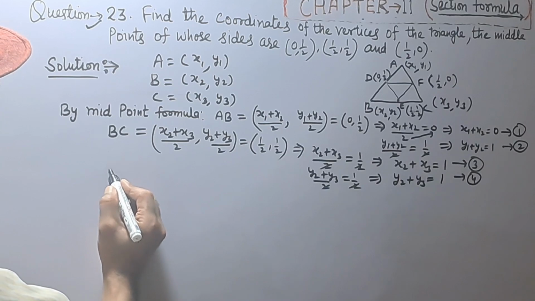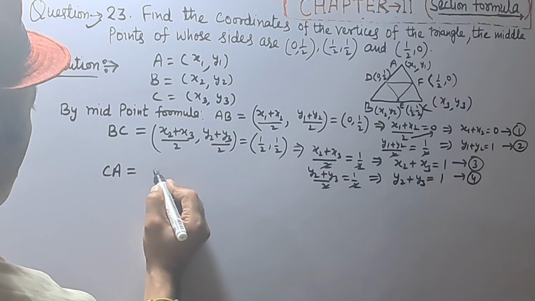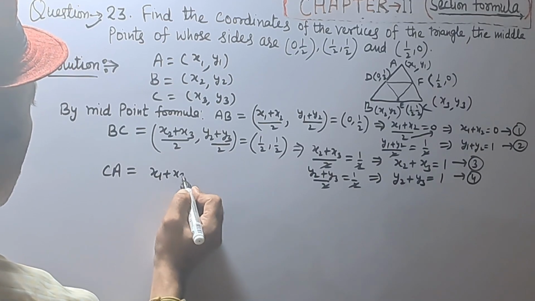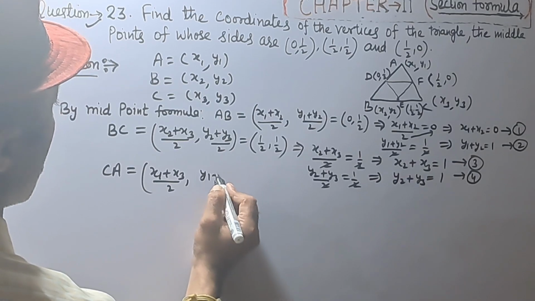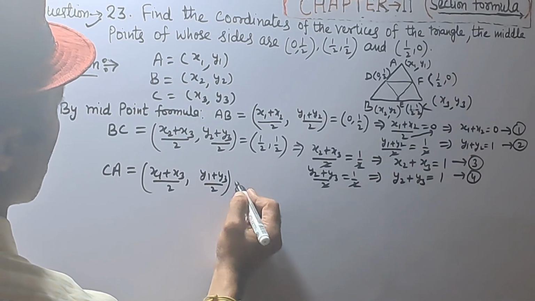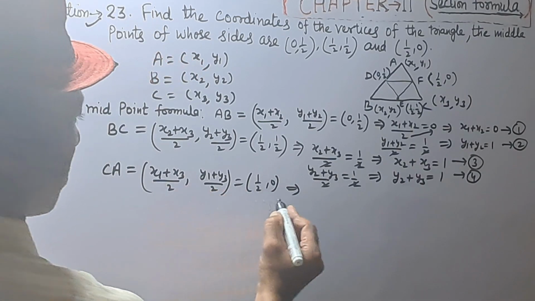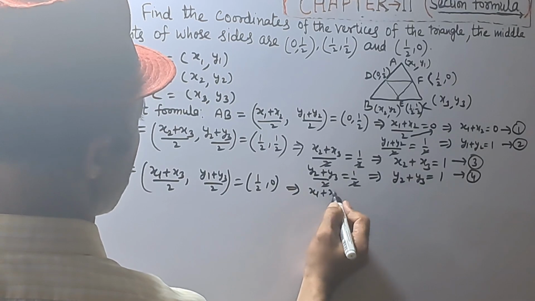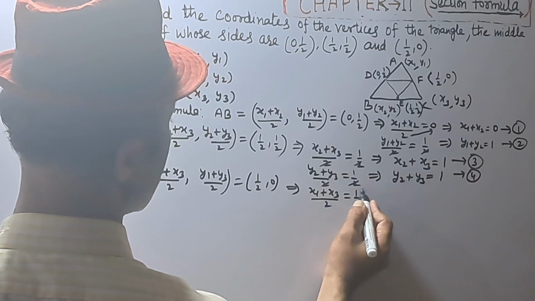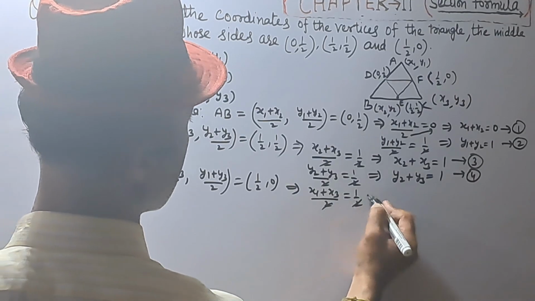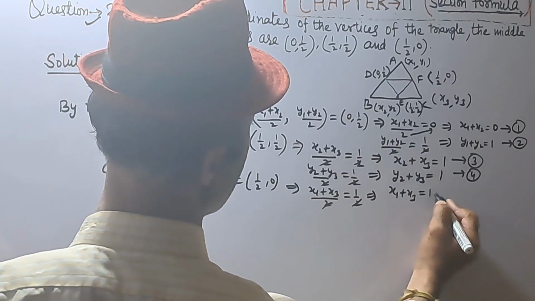And CA is equal to ((x1 plus x3) upon 2, (y1 plus y3) upon 2), that is equal to (1/2, 0), which implies (x1 plus x3) upon 2 is equal to 1 by 2. 2 is multiplying by the right side, 2 is cancelled, and we get x1 plus x3 is equal to 1.